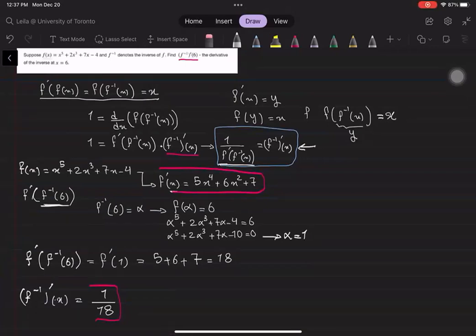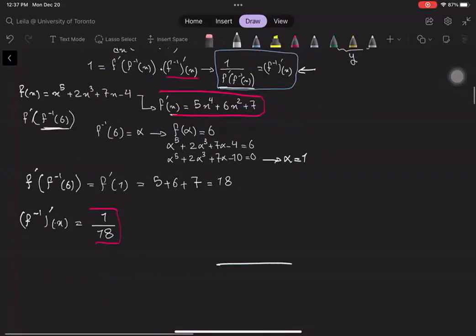No, I don't think so, because it's a polynomial. But the thing is, here you have x to the 5. How would you find the inverse? I'm just asking, if you are trying to find the inverse of that, will you have to prove the function to be 1-to-1? No, but for polynomials, if you have an even degree, it's not 1-to-1.